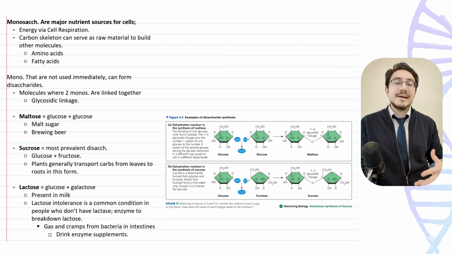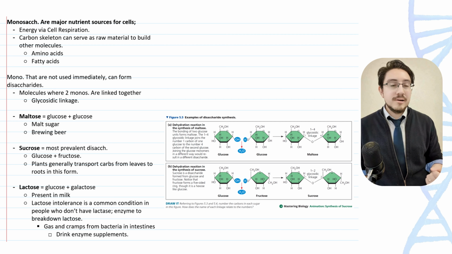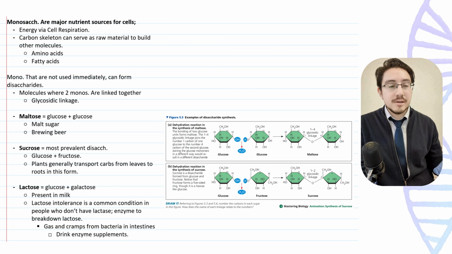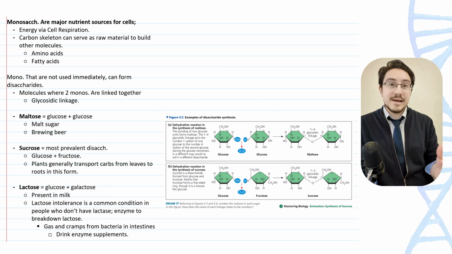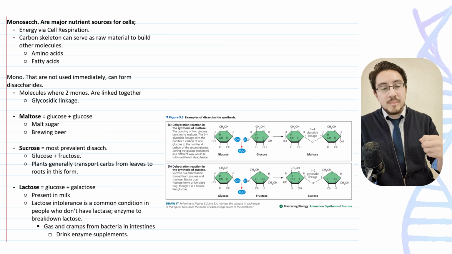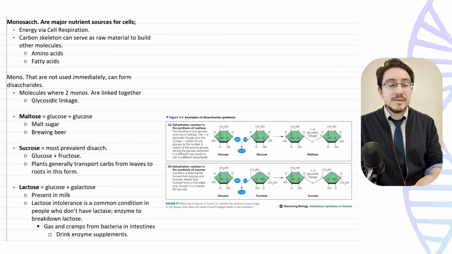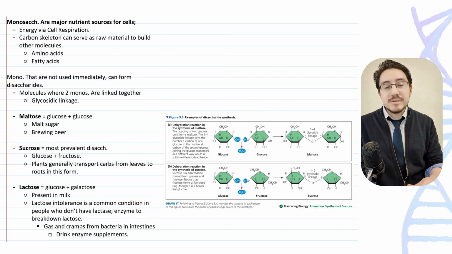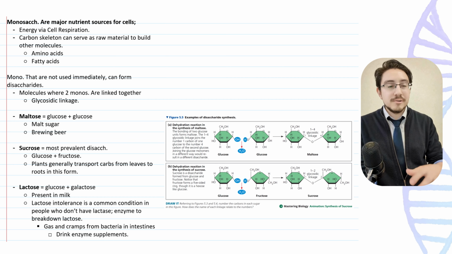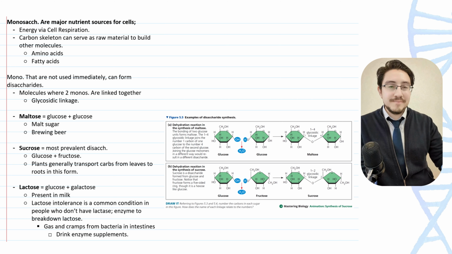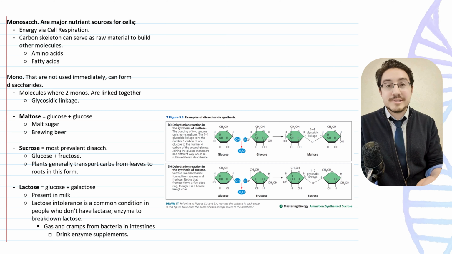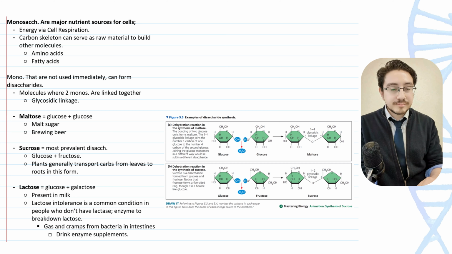People who are lactose intolerant don't produce an enzyme called lactase that would help break down lactose. But you could use enzyme supplements to break it down. Symptoms of lactose intolerance could include gas and cramps from the bacteria in the intestines.